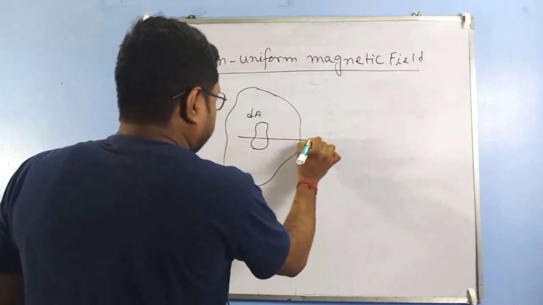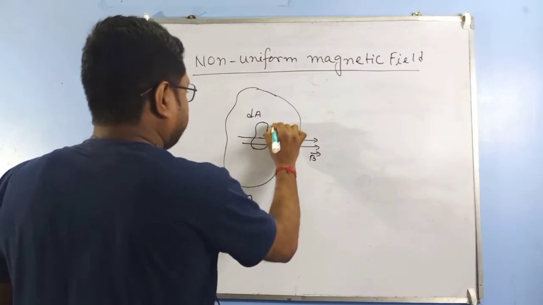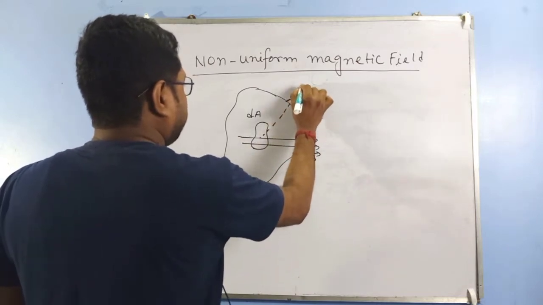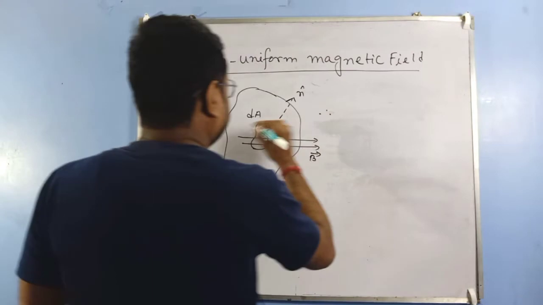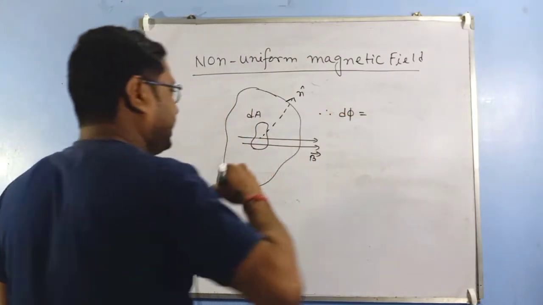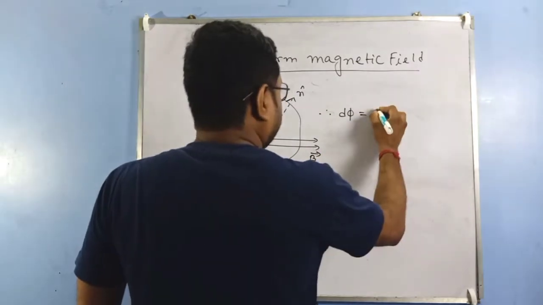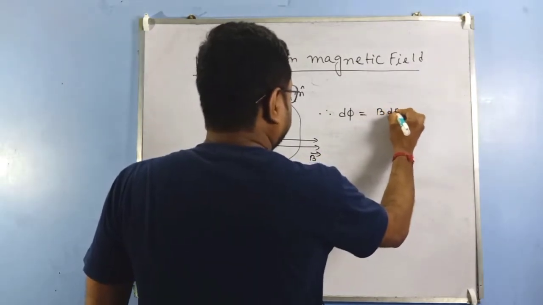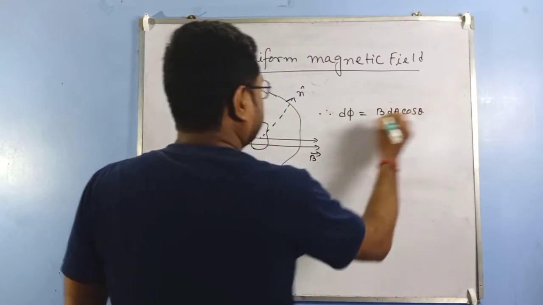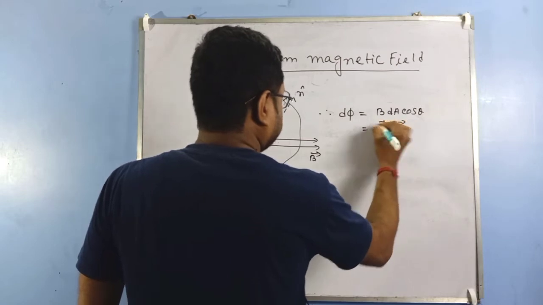Then if the magnetic field lines are along this direction and the normal to the surface is n, the elementary magnetic flux d phi through this surface dA is equal to B dA cos theta, or B cos theta dA, that is B dot dA, as we know from the earlier result.